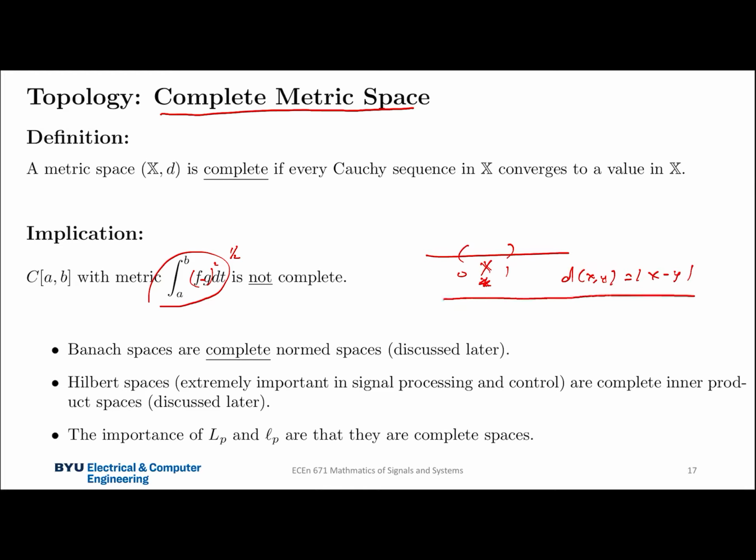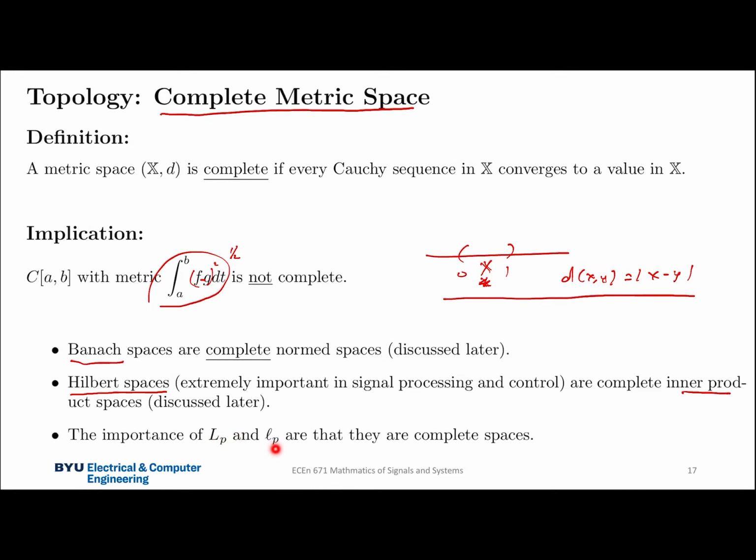All right, so later on we'll talk about normed spaces, and we have something that's a Banach space, which is a complete normed space. And then we'll talk about inner product spaces, and Hilbert spaces. This is where we'll spend most of the time this semester, on complete inner product spaces.